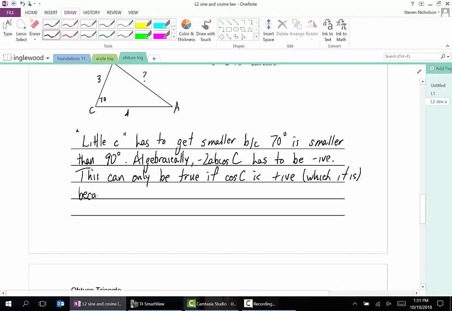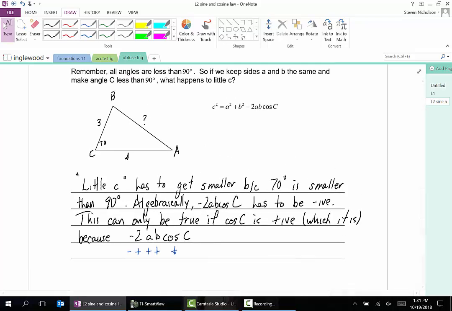Because negative 2ab cos c, remember we want it to be negative. Well, the first symbol is negative, the 2 is positive, the a is positive, the b is positive, and the only way for this whole thing to be negative is if this last sign is positive. So a negative times 4 positives is a negative.